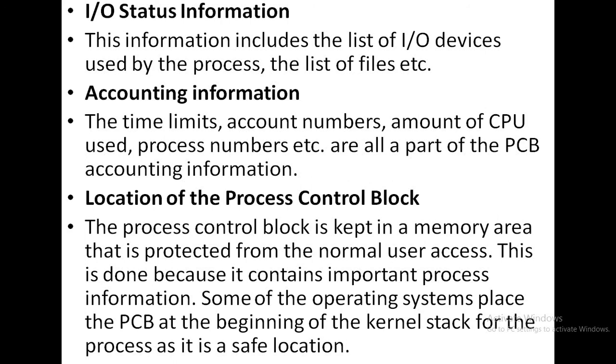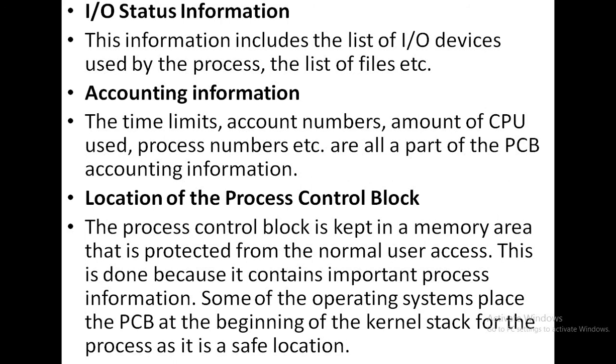That means what are the input devices that are used by the user to send or insert the data towards the computer system, and what are the output devices that are used at the time of execution of a process and showing the results of a process execution. All these status informations are stored by the process control block also.